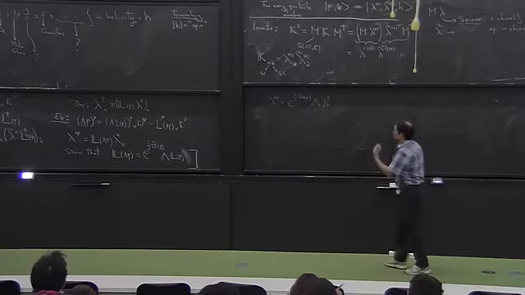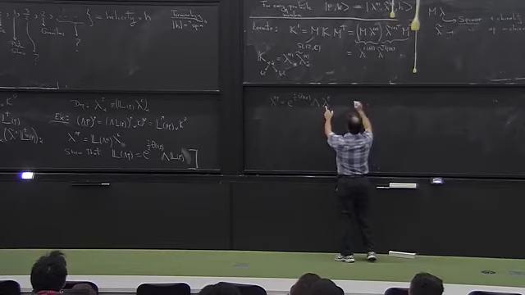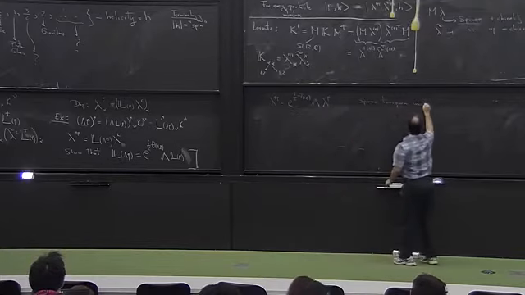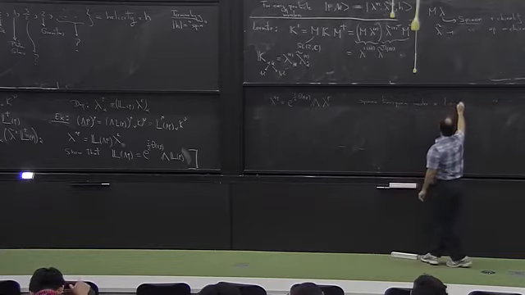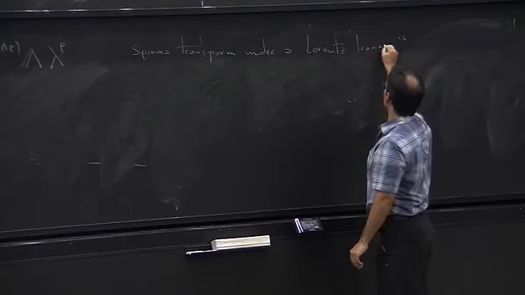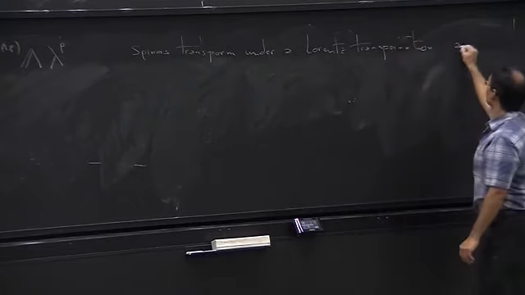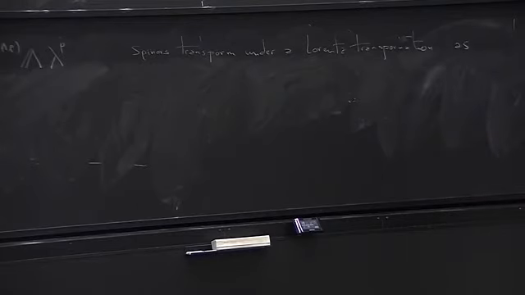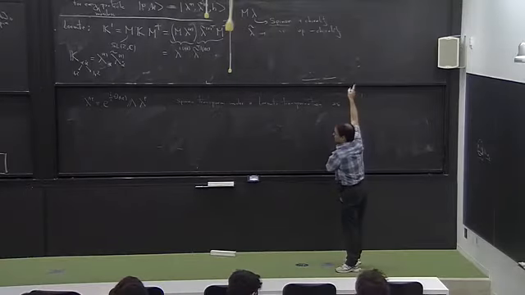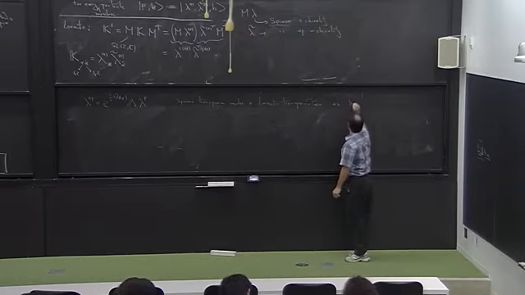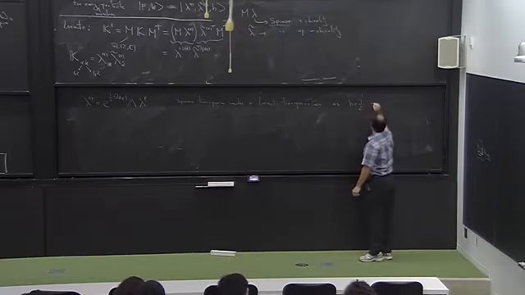So we conclude that our spinors transform under a Lorentz transformation as what? Well, you see that if we look at our formula for massless particles, it's as if they transform as something that has helicity a half, as helicity a half massless particles.